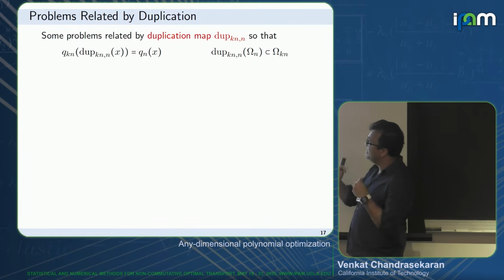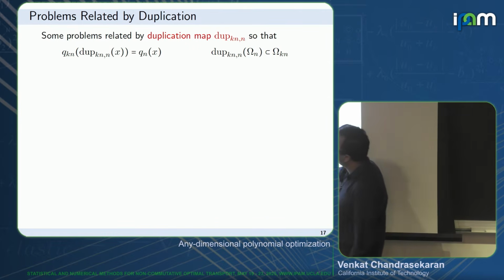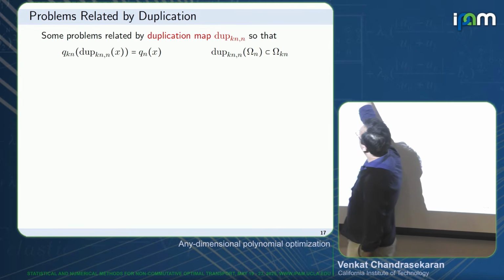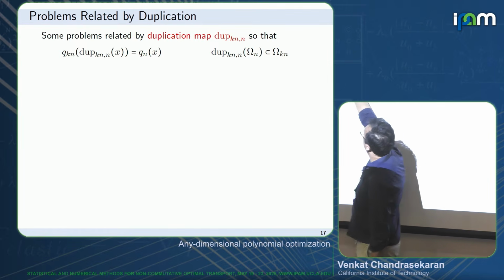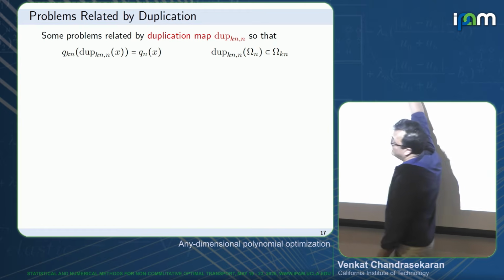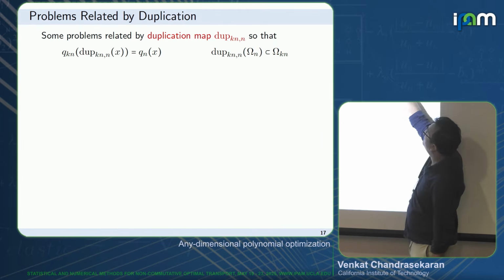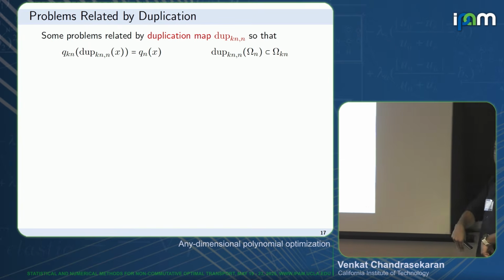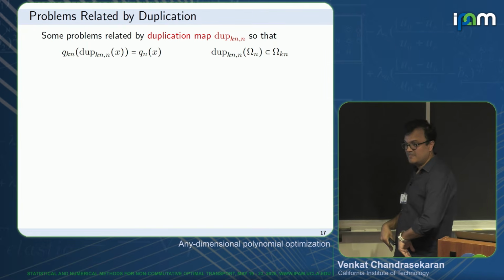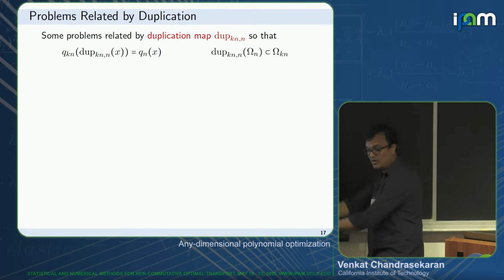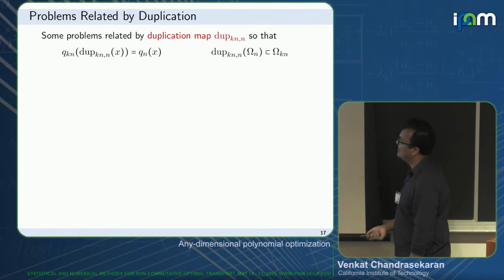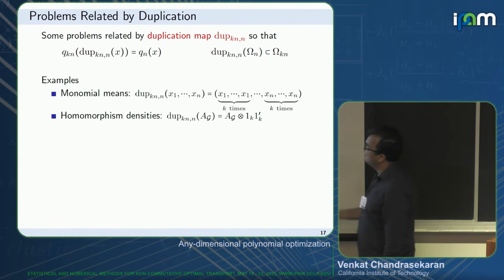And both for the monomial means problem as well as for graph homomorphisms, it turns out that if you take a feasible point and duplicate, the objective values are the same, and when you apply the duplication to the nth feasible set, you live inside the knth feasible set. This is one way in which these problems could be related across dimension.